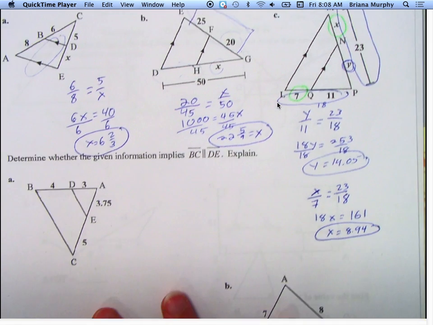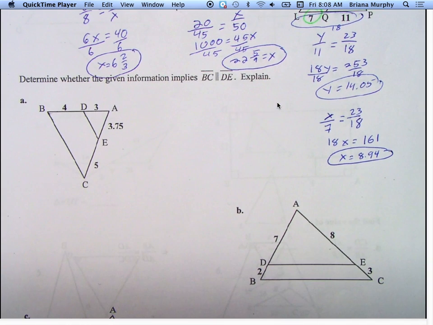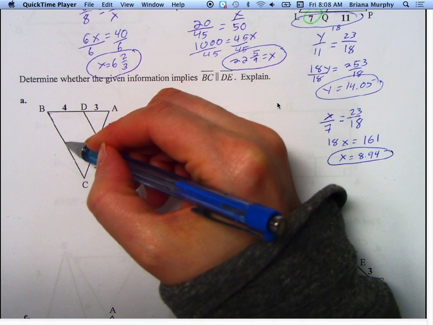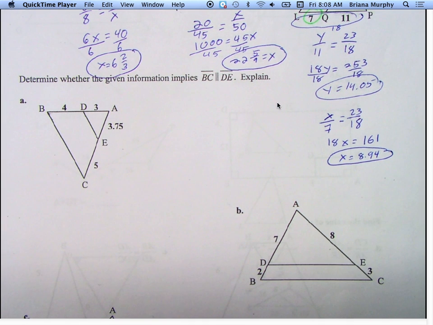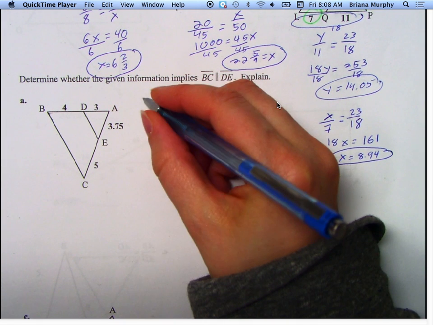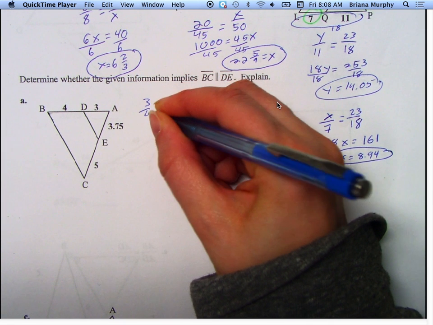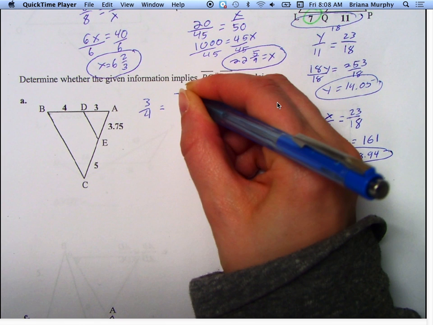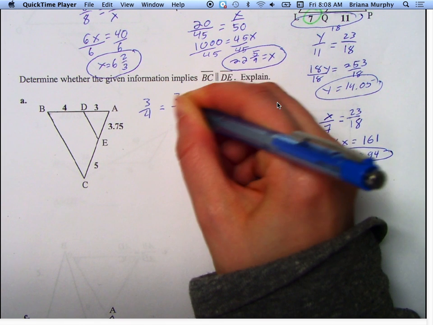Okay. Now, A, B, and C for this next section, I'm trying to prove that these two lines are parallel. The only way for them to be parallel is if their parts of their sides are proportional. So is 3 over 4 the same as 3.75 over 5?